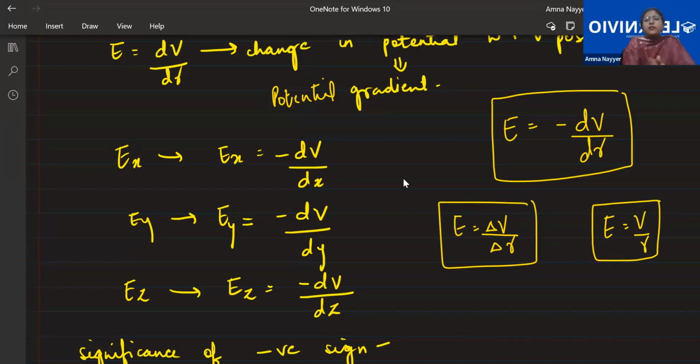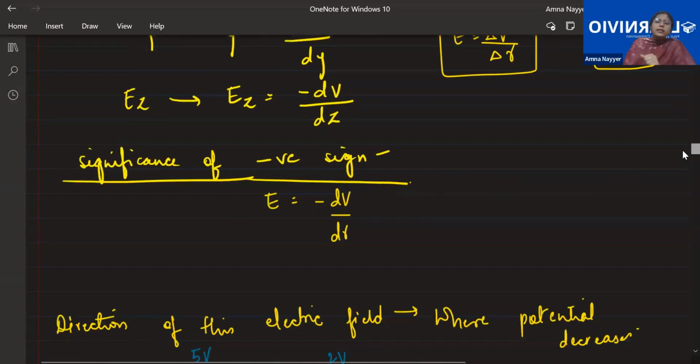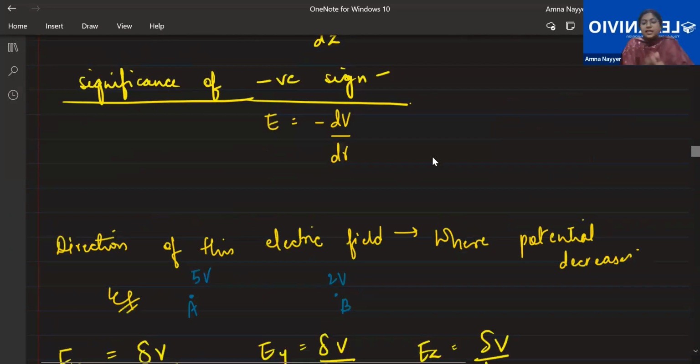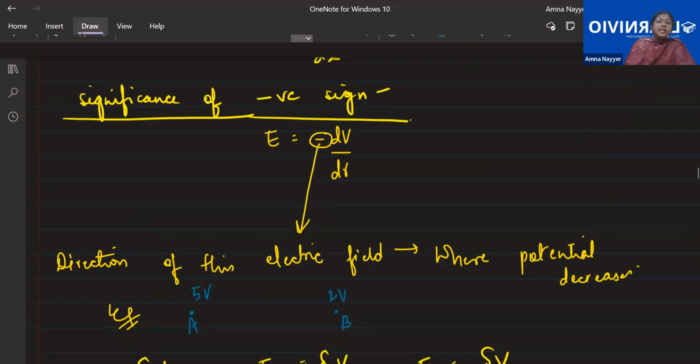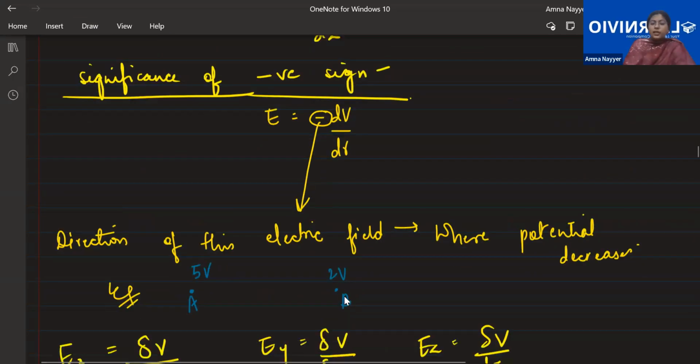So what was important from here? I'm coming back to this. Don't look at this one now. What's the significance of this negative sign? This negative sign basically tells you that the direction of the electric field is where the potential decreases. Like if I give you 5 volt and 2 volt, which is greater? 5 is greater than 2 volt.